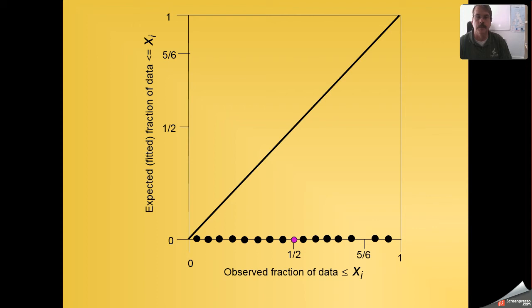Here's a quick animation to show you how we assess fit using this thing called a QQ plot to contrast the rate at which we move through our observed data, depicted here on the x-axis, compared to the rate at which we move through our expected probability density function.